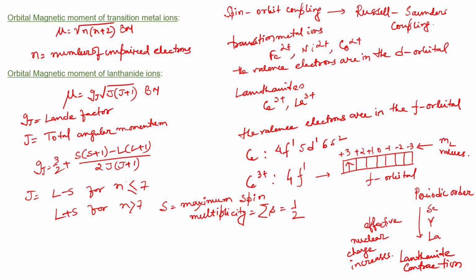This is half, since one electron is there in cerium 3 plus ion, and L is the maximum orbital angular momentum, it is the summation of ml, which is 3.